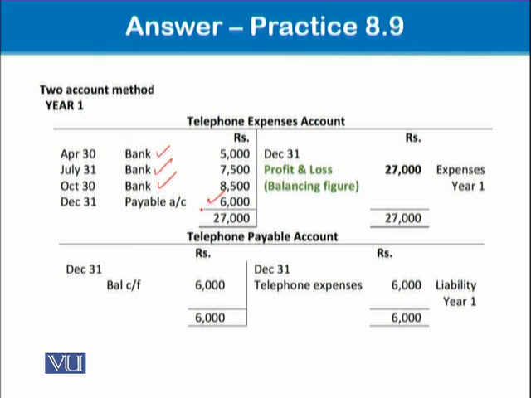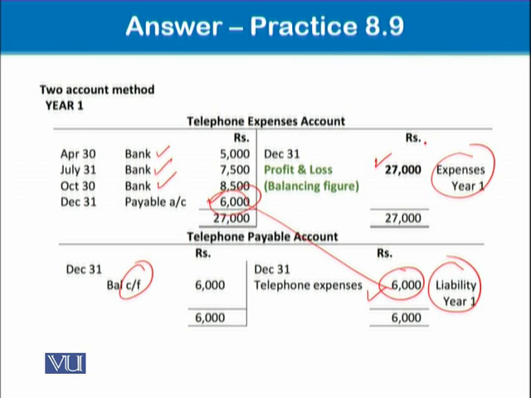Take it here. And this is our closing effect. And this 6,000 will be credited in the liability account, which is leaving a closing balance. Now we are smart, definitely smart. So this is liability for us and this is expense for the year.